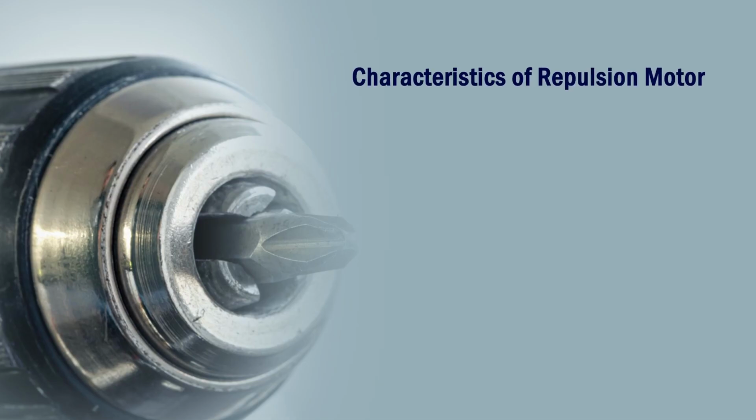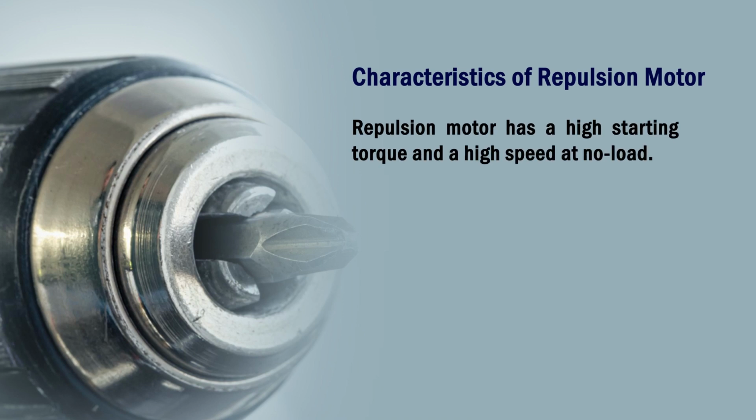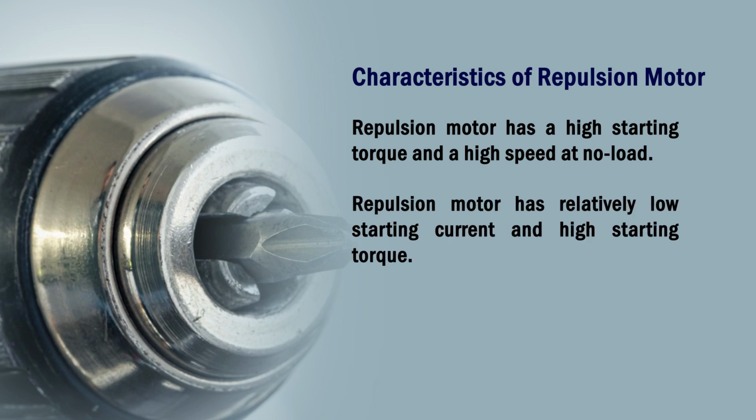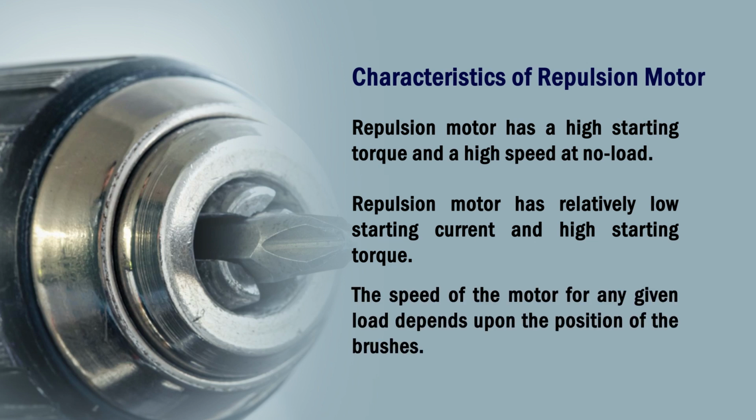The characteristics of the repulsion motor are: the repulsion motor has a high starting torque and a high speed at no load. The repulsion motor has relatively low starting current and high starting torque. The speed of the motor for any given load depends upon the position of the brushes.